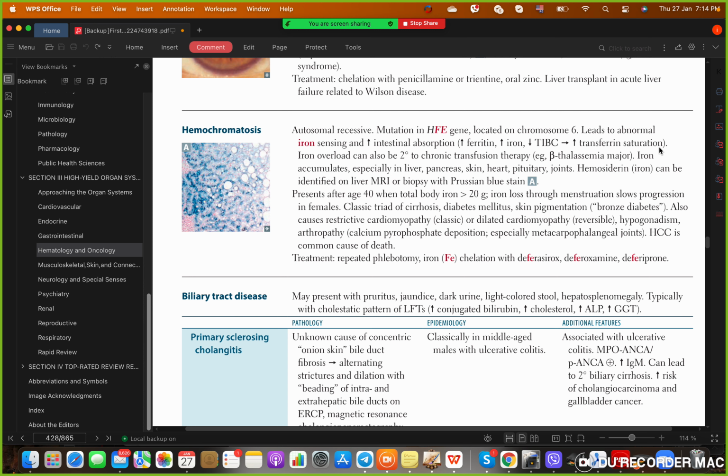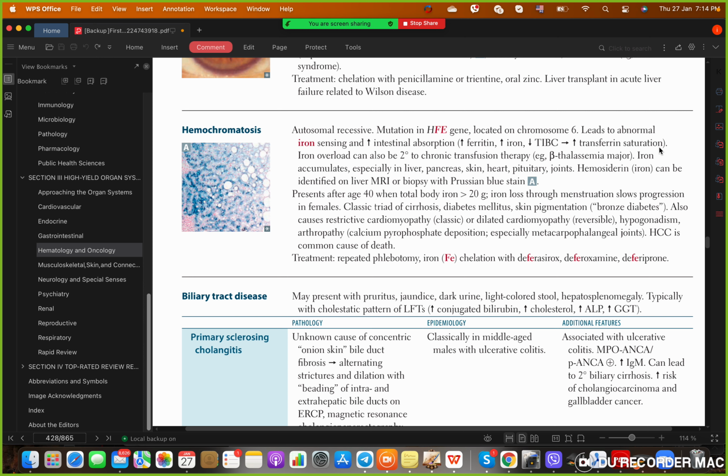This is what we call secondary hemochromatosis, such as in patients with beta thalassemia major. We keep giving them injections with the transfusions, and they can get a lot of outside iron, which leads them to get this secondary hemochromatosis.